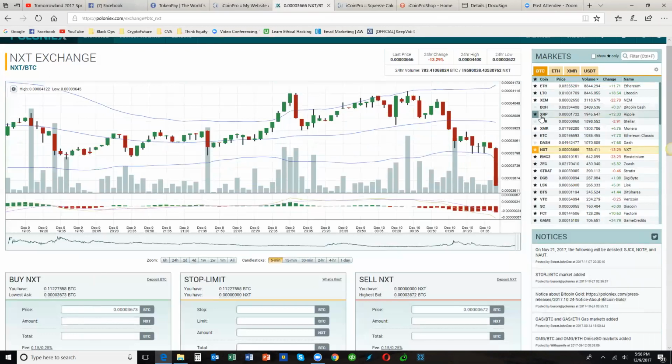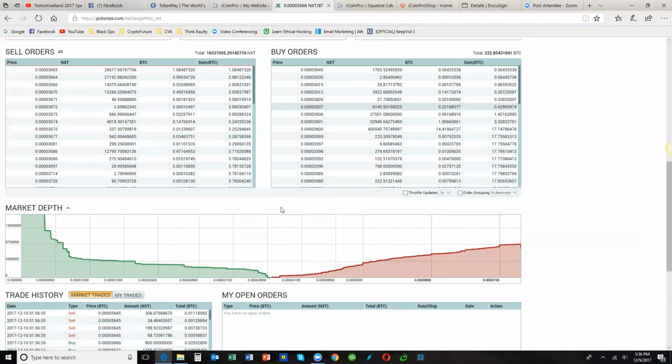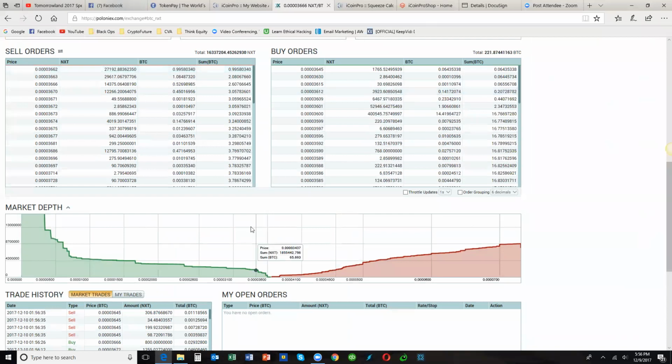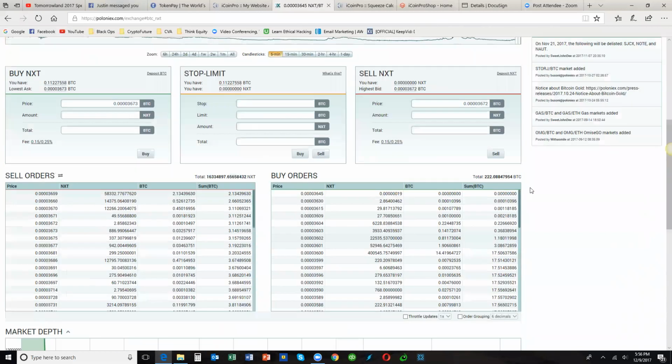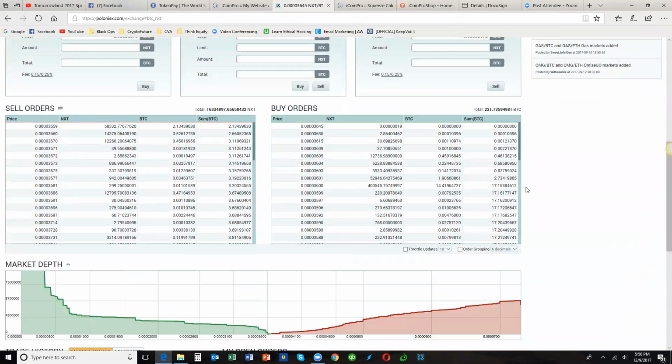And then in the matter of an hour, 0.05 Bitcoin. So it's just lessons learned about reading these buy and sell orders and then reading the market depth. Because there's a huge sell wall that I didn't even bother to look at that hit, and then everything just sold off and the price plummeted. So before you're putting large amounts into a single trade, get familiar reading these buy and sell orders.